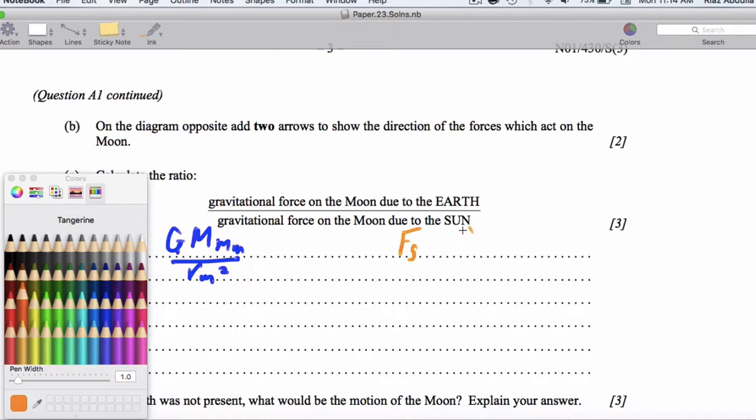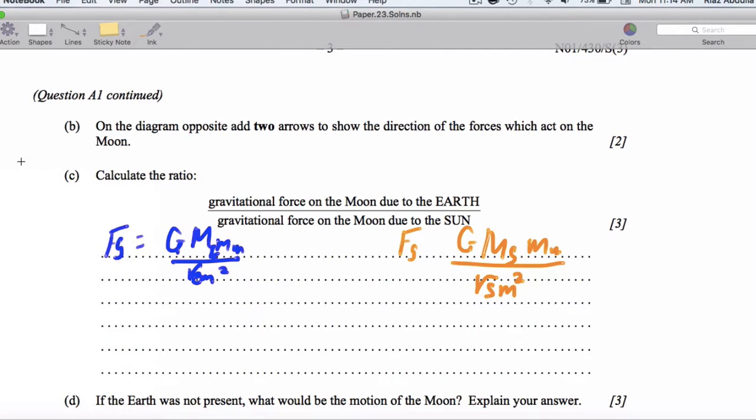Fg of the sun is G, mass of the sun, mass of the moon, over the Sun-Moon radius squared. And let's get these two ratios written out now.